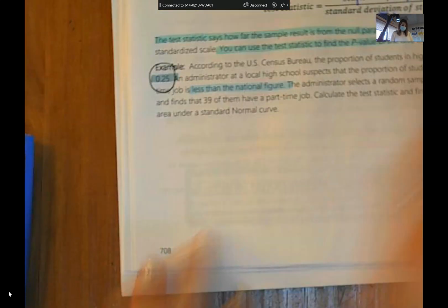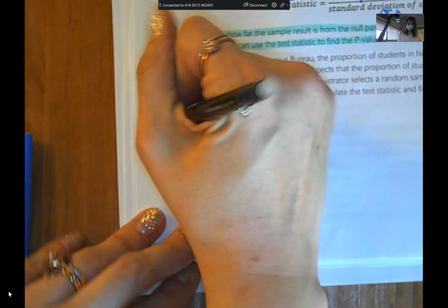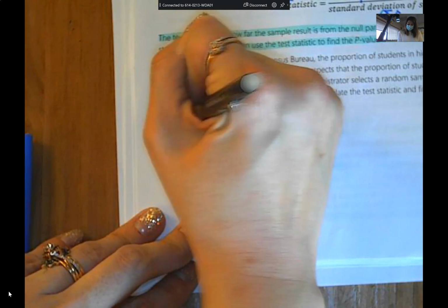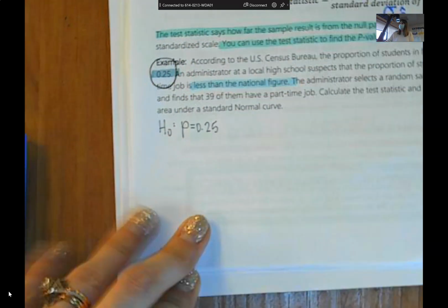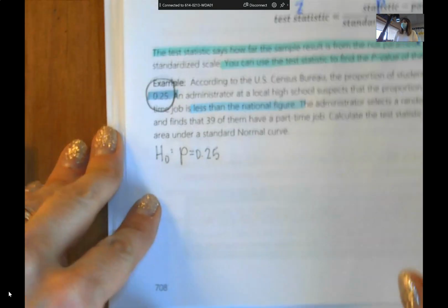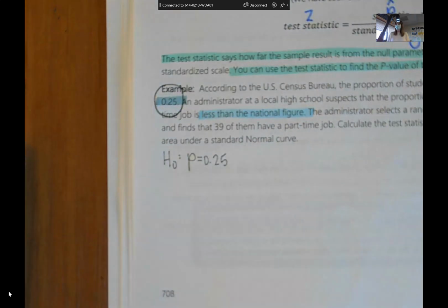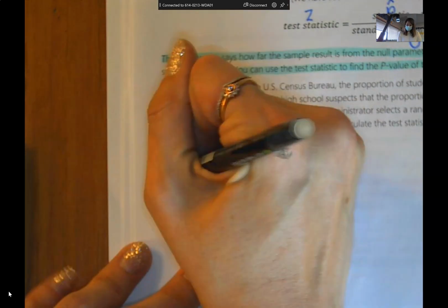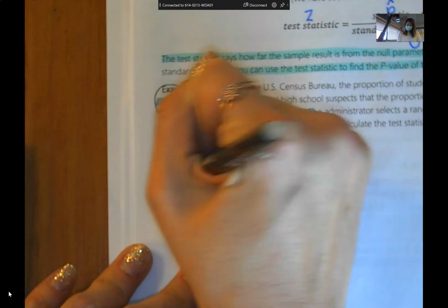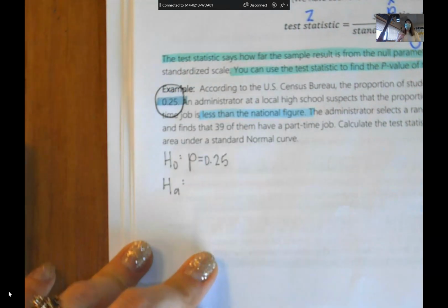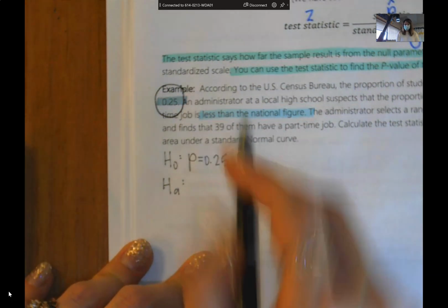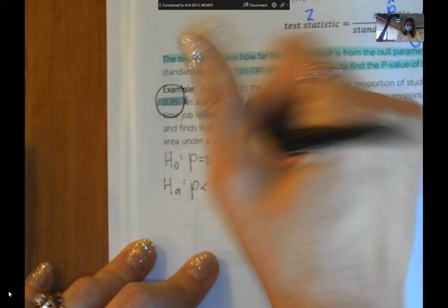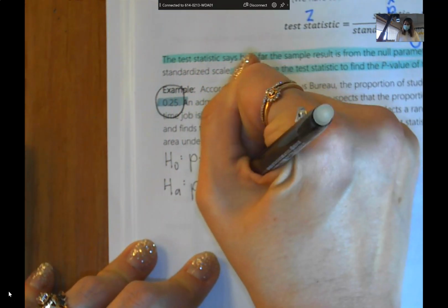So I'm going to state my hypotheses just so that it's clear what we're doing. My null hypothesis is that the true proportion is 25%. And that's the null because that's what the Census Bureau calculated. The alternative is what the administrator thinks. So the administrator thinks that it's really less than that for her school. So less than 0.25.